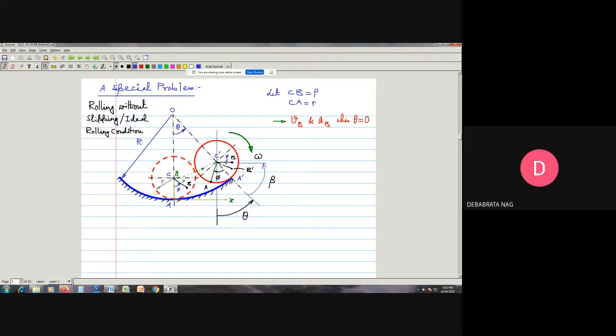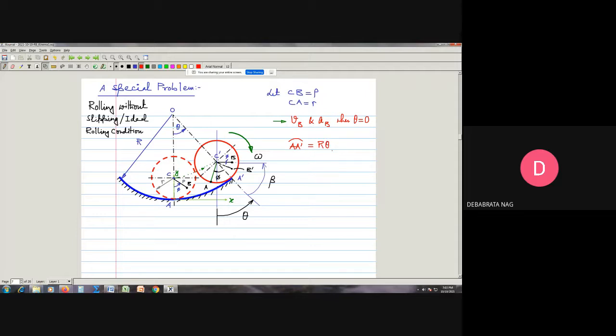Then the arc length traveled by the point A, the arc length AA dash, will be equal to capital R into theta.